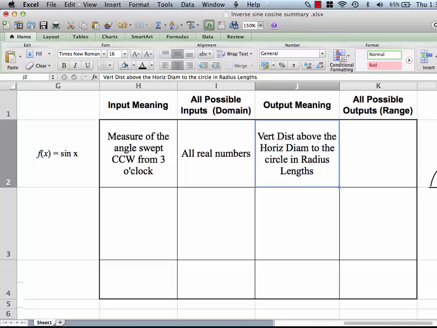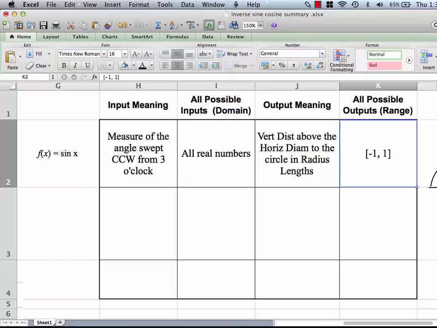In radius lengths. Okay, what are all possible outputs, Brooke? -1 to 1. Right, so -1 radius length is the lowest we can get on a circle. And 1 radius length, the top of the circle, is the highest we can get.